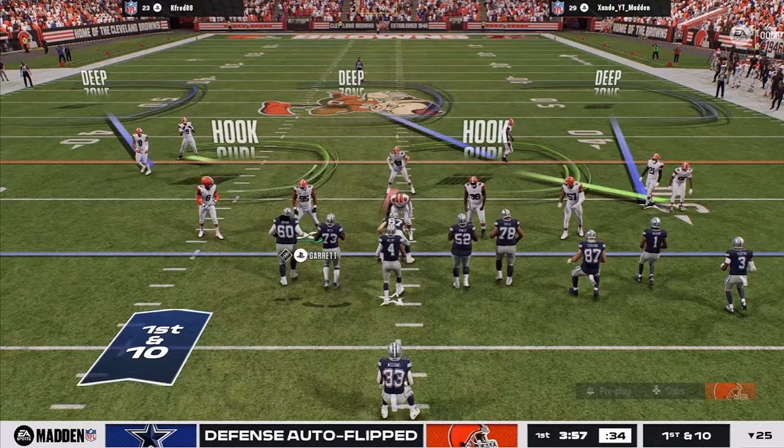So if you can figure out what they are going to do after one drive, that's where you can be most effective. And on top of that, it's one thing to know what they are going to try to do, but it's a whole other element to know how to slow down what they're doing.